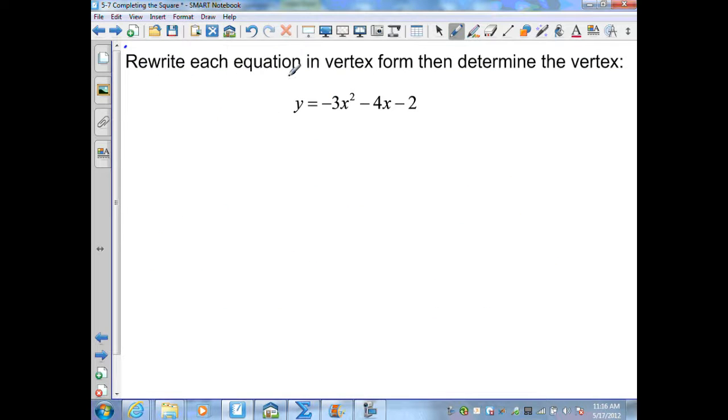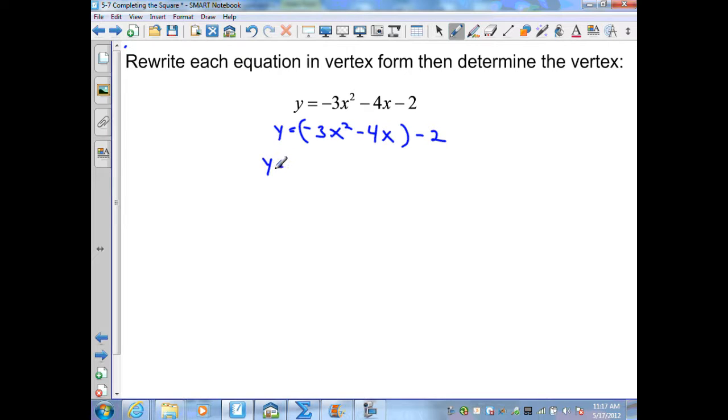Again, I want to rewrite each equation in vertex form, then determine the vertex. So what I need to do is group my quadratic and linear terms. So I'm going to have y equals negative 3x squared minus 4x minus 2. I need to factor to get the coefficient of my quadratic to be a positive 1.